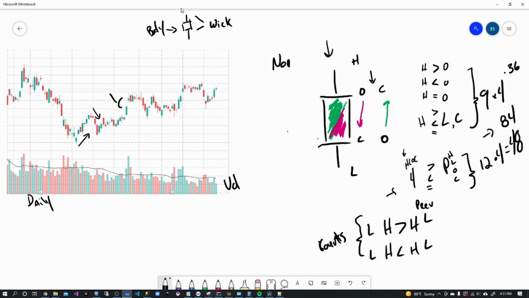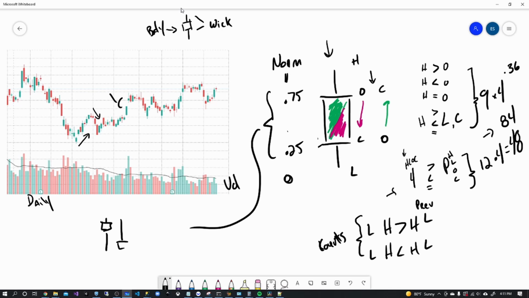We want to normalize the candlestick where the high is a 1 and the low is a 0. Maybe this body is 25 and the top of this body is 75, because this data will help us separate candlesticks that look like this from ones that look like this, from flat tops to flat bottoms to indecisions, and all that.